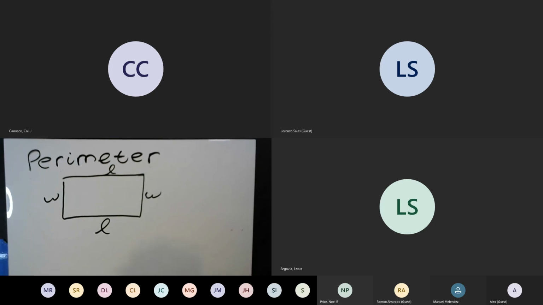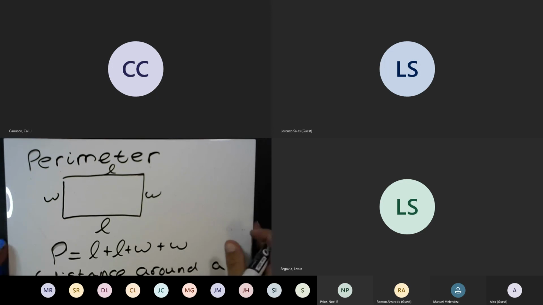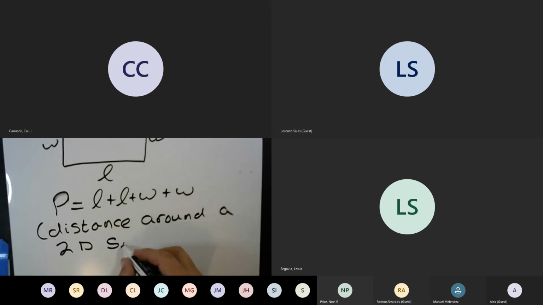Now, for rectangles, the perimeter is L plus L plus W plus W. What perimeter is, it's the distance around a 2D shape. That's perimeter.